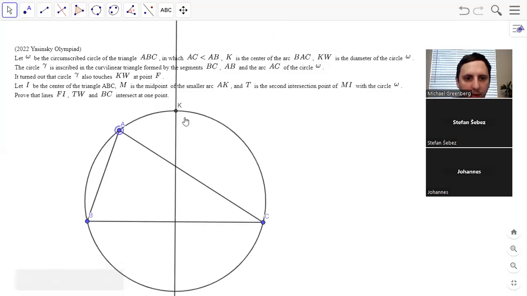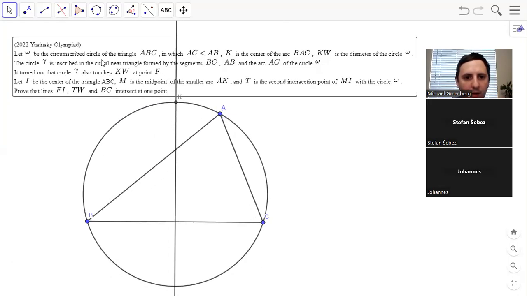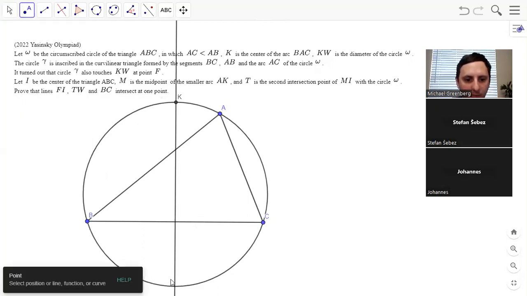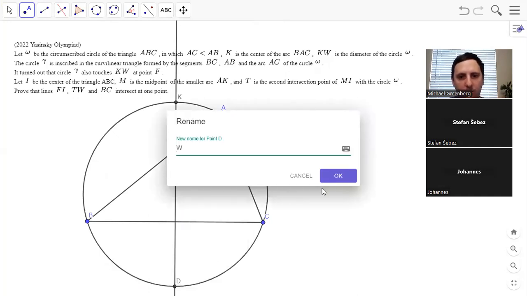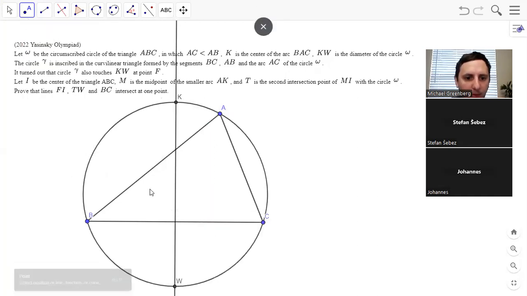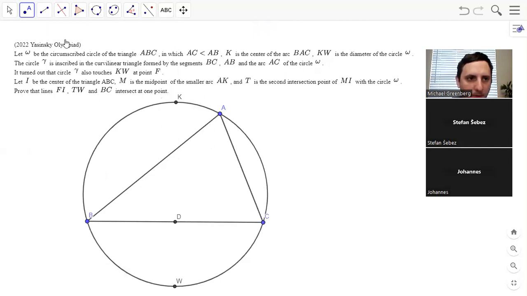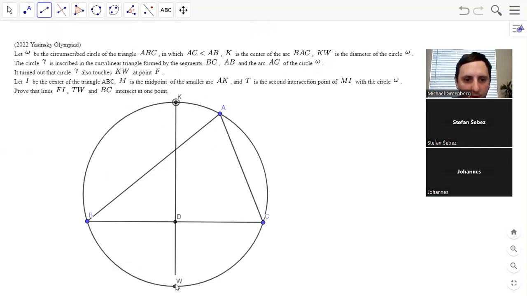So we could move point A here. And this should be W. Let me draw the midpoint right here. And then we draw the circle touching BC, AB, and AC.